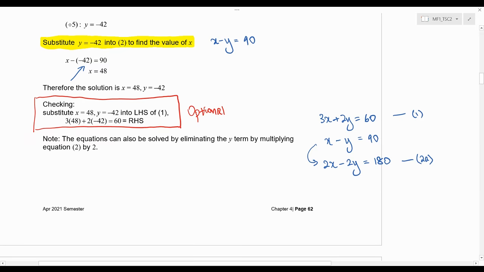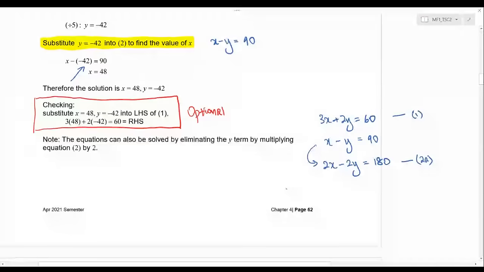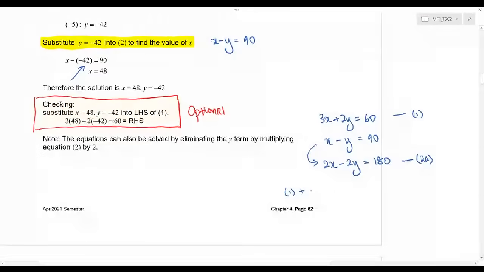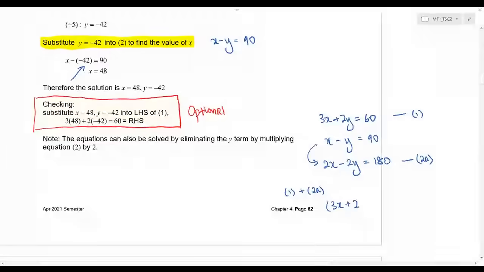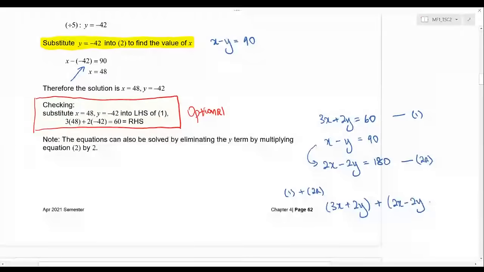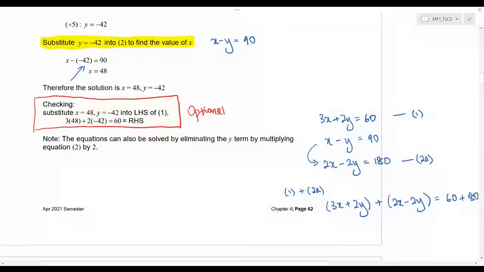To do elimination, you can add the equations together. So if you take equation 1 plus equation 2a, you choose the plus, and they will cancel out each other. The left-hand side of equation 1 is 3x plus 2y, and you add the left-hand side of equation 2a. That will give you this, and on the right you'll get 60 plus 180.